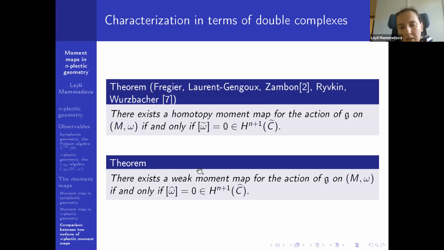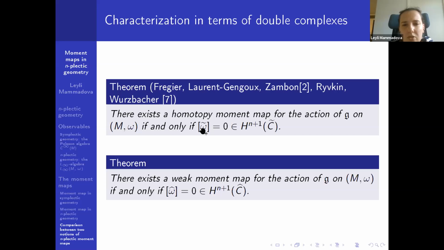And then Leonid and I realized that a similar thing is true for the weak moment map. In the second complex, we can also define a very similar omega hat that's also cooked up from the action and the form.